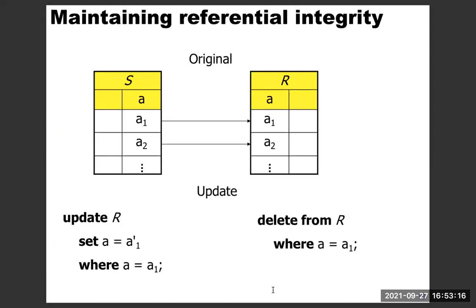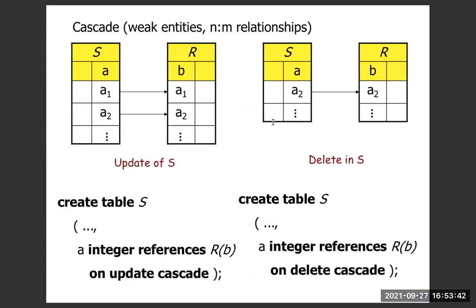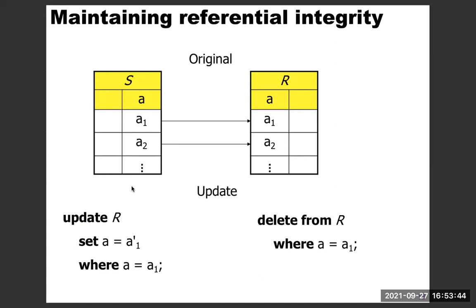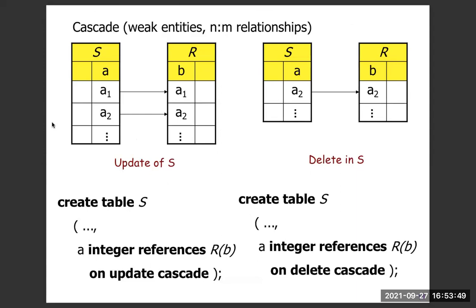So let's look at what happens. We have table S, and table S refers to table R. And we can say UPDATE R SET A equal to A1 next A1, where A is the previous version of A1. Or delete this record. That's just an operation that we want to cascade somehow, or reject, or something.